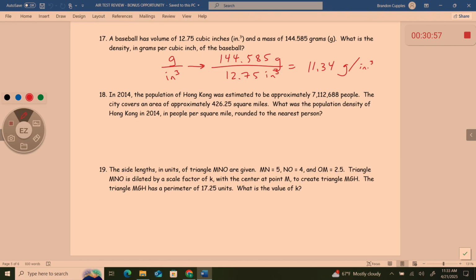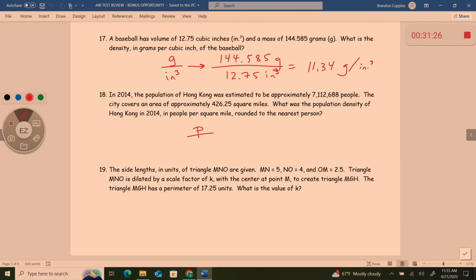In 2014, the population of Hong Kong was estimated to be approximately 7,112,688 people. The city covers an area of 426.25 square miles. What is the population density of Hong Kong in people per square mile? So again, people per square mile.